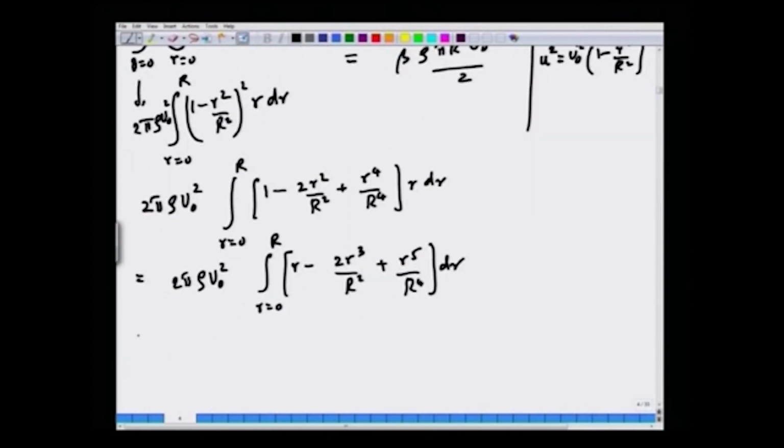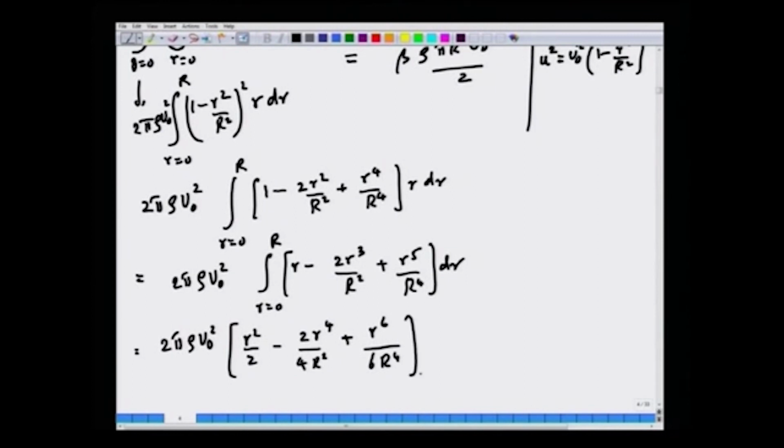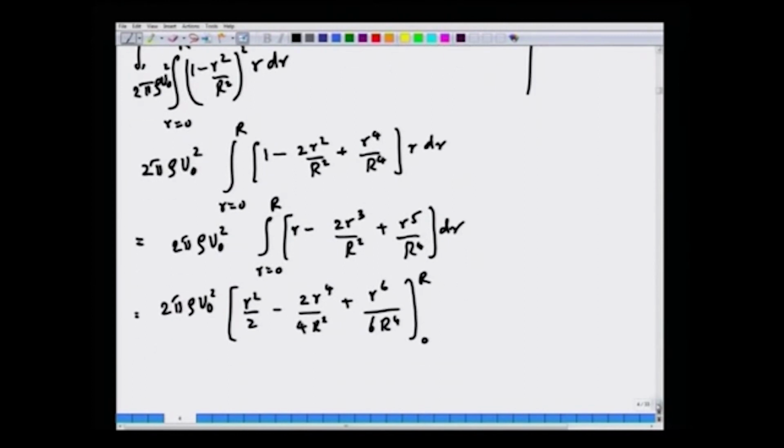So, if I integrate this, I get r squared by 2 minus 2 r to the 4 by 4 R squared plus r to the 6 by 6 R to the 4, with r going from 0 to capital R. If I do this, 2 pi rho u naught squared, R squared by 2 minus R squared by 2 again plus R squared by 6.